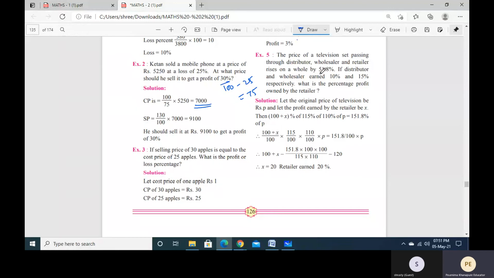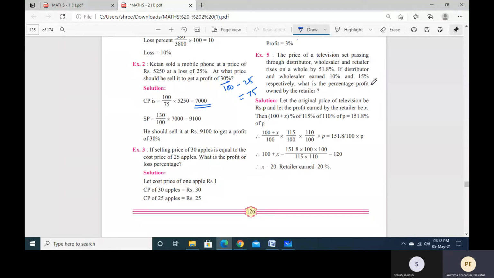So this whole rises to 51.8% of the original cost. Let the original cost be X, then it rises by 51.8%. If distributor and wholesaler earn 10% and 15% respectively, the distributor has earned 10% and the wholesaler has earned 15% on that.